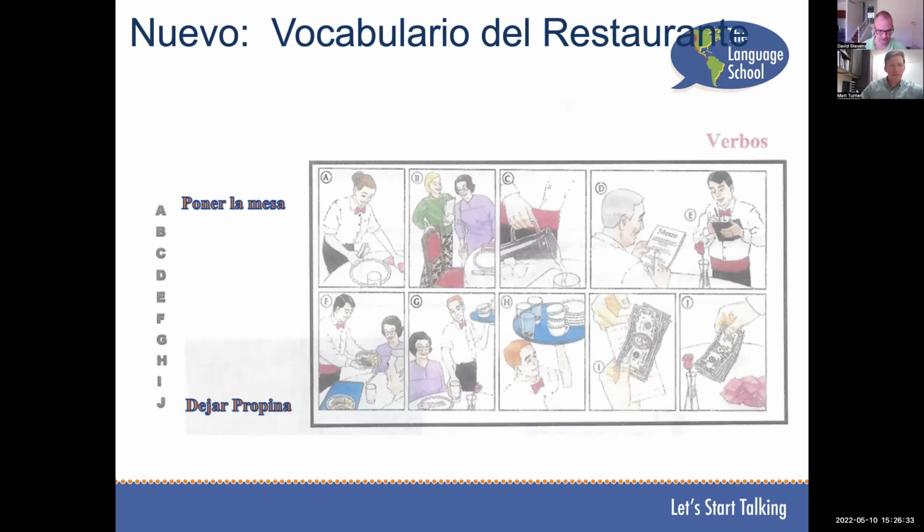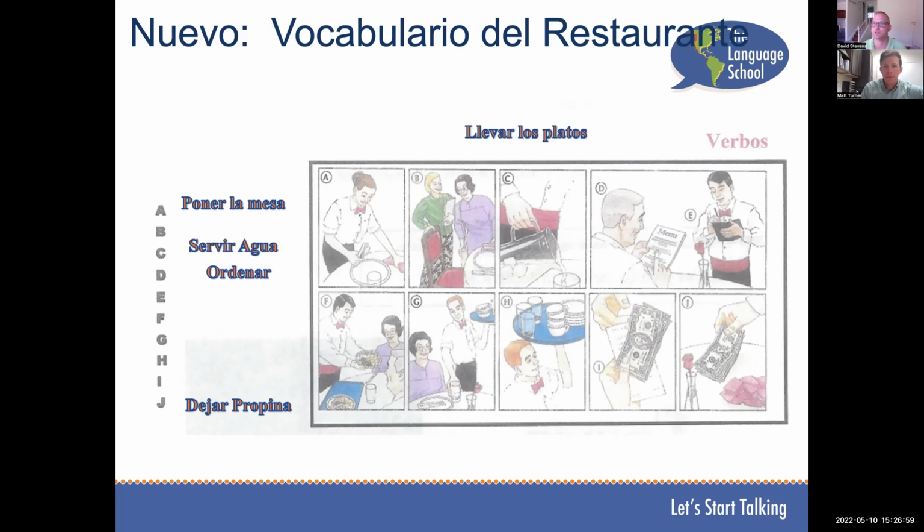Jota. Ordenar. Ordenar. E. No, sería tomar la orden. Sí, sí. D. D sería ordenar. Servir agua. C.